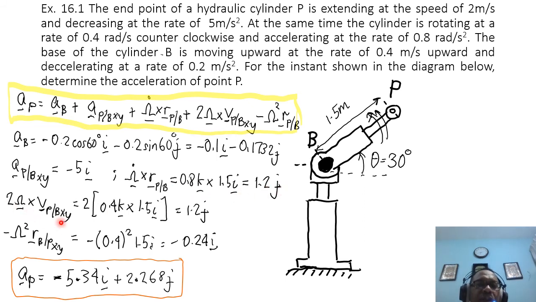2 omega cross V relative. 2 omega, omega is 0.4k. V relative is 1.5i. Sorry, this is not 1.5i. The speed is 2 meters per second. Oh, I made a mistake here, so I've got to correct this. The speed is 2i. So 0.4 times 2 times 2 is 1.6j.